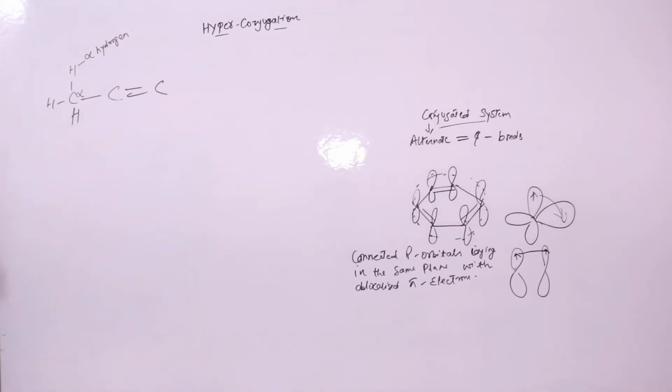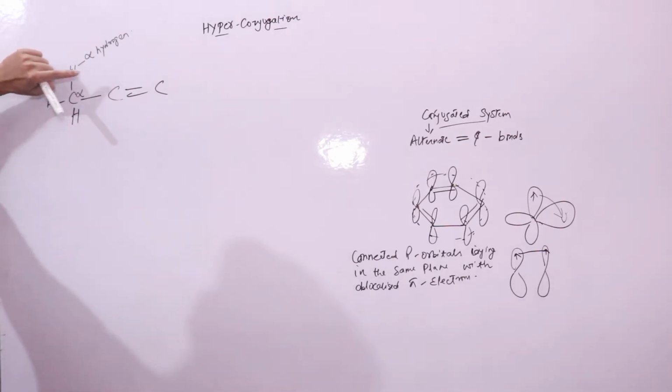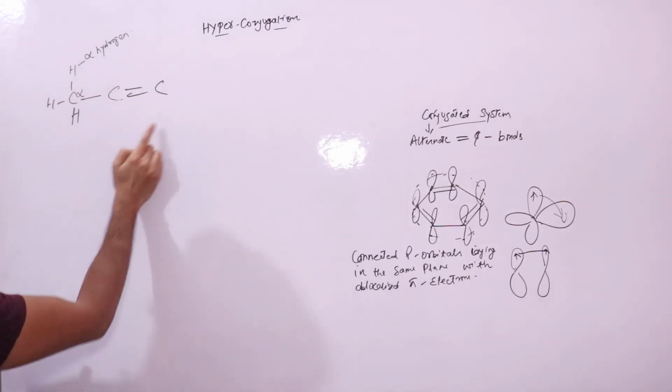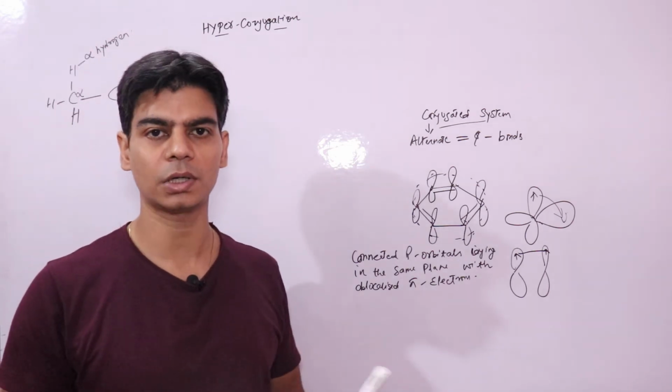Now when you have such a system, when a carbon hydrogen bond is present at the alpha position to an unsaturated system, you have this carbon hydrogen bond at the alpha position to this unsaturated system. An unsaturated system is where you have a double bond or a triple bond.